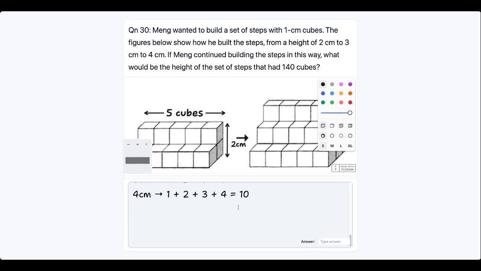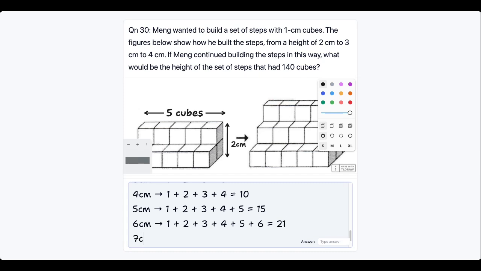So in this case, if I were to put 5 centimeters, it's basically 1 plus 2 plus 3 plus 4 plus 5, which is equal to 15. Okay. And then technically you can continue and you eventually will get where you want it, right? In this case, which luckily happens. So this is 21.